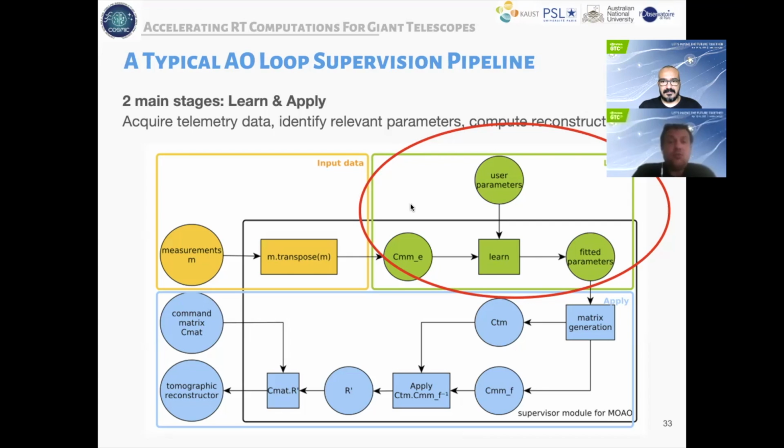Then we have the two main parts of this pipeline. On one side, what we call the learn pipeline, where the goal is to identify the relevant parameters to fit in our model for a tomographic reconstructor. And the second part is the apply pipeline, where we compute this tomographic reconstructor.